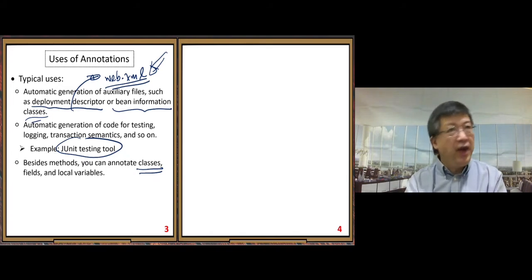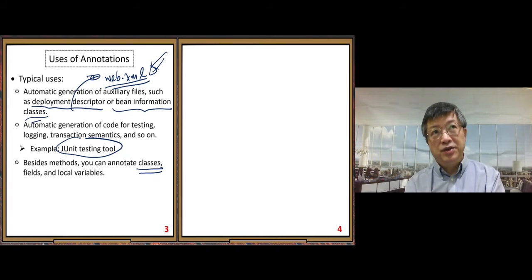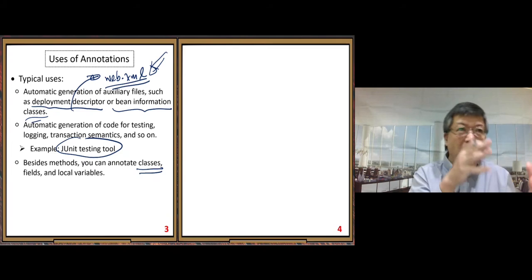So a lot of different things you can do with annotations. Fields and local variables. So it will be very, very powerful. You can imagine the annotation way is very, very powerful. A lot of things we can use annotations to do easily. If we do not use annotations, then we need to write a lot of code.